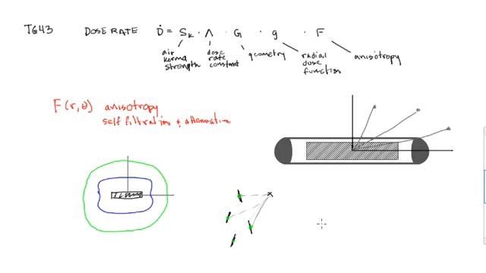So how do you solve that? Well, the way is that you average over all angles. And so this anisotropy factor, the F, is then replaced in this case by an anisotropy number, we call it phi, and it's just averaged over all angles, but it's some function of the radius.